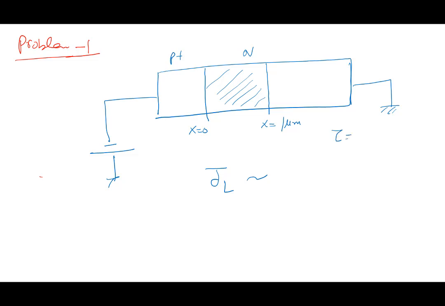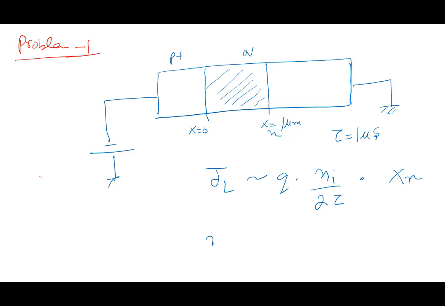Lifetime is 1 microsecond. So J will be equal to q times the thermal generation rate, which is ni by 2 tau, multiplied by the depletion width, right? That's it.